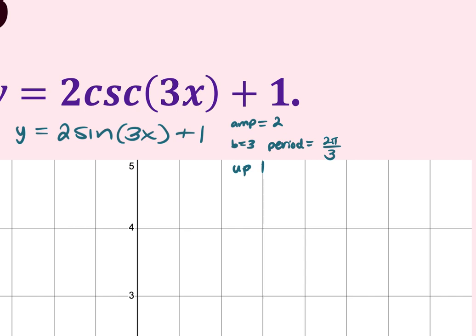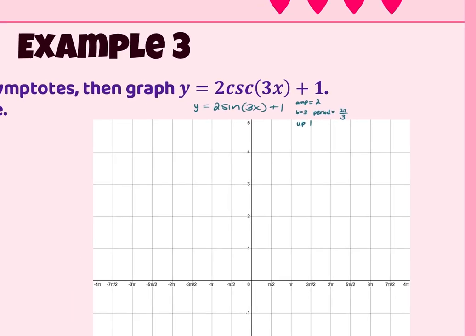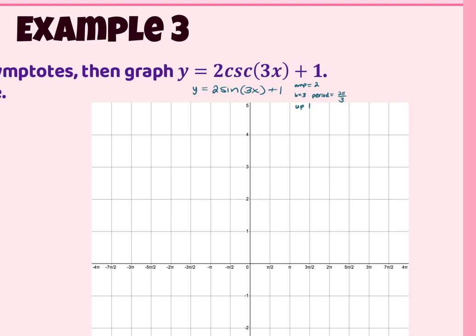Now that up 1 is the last thing you want to do. You want to find your vertical asymptotes before you shift it up. Otherwise, you're going to have to try to find your midline, which gets confusing, okay? Just find it, then shift it up. Okay, so the curve is sine, which means I normally start on my y-axis, right? And I go up from there.